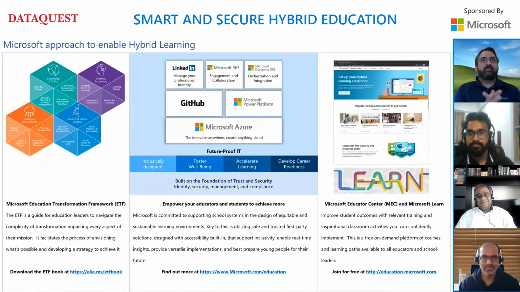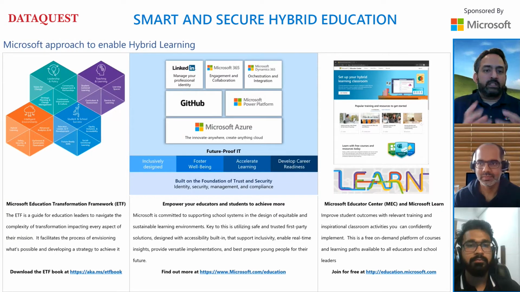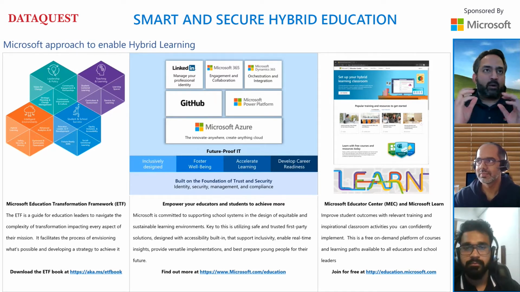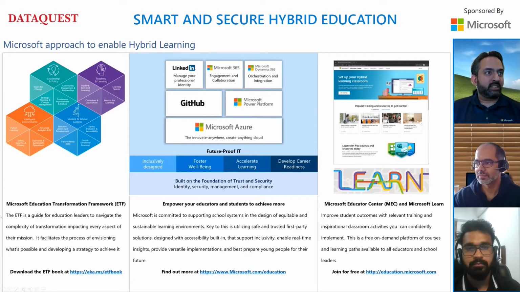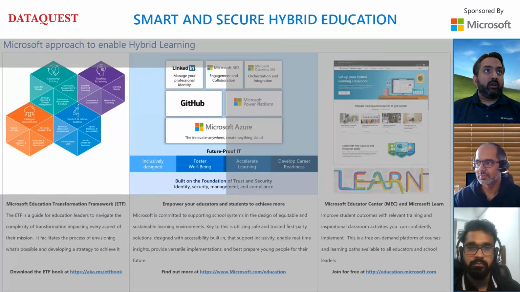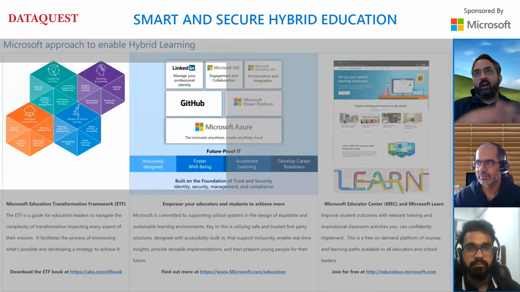I really appreciate this whole conversation. I'll ground ourselves back in what we introduced in the last session, which is how we are approaching this whole enabling of hybrid teaching and learning. Number one, we are approaching it from guidance, as in sharing the best practices, how we actually see good deployments of technology when it comes to digital transformation.